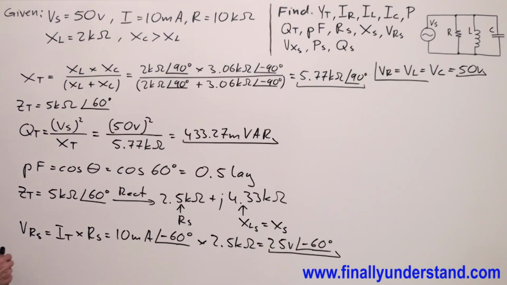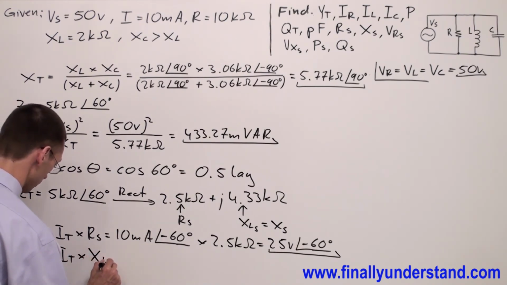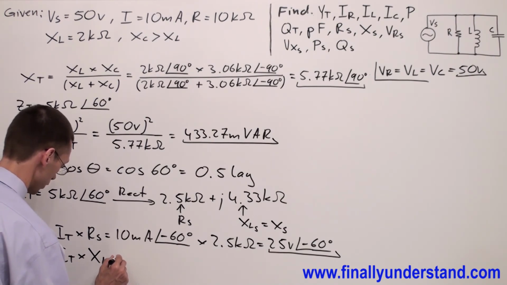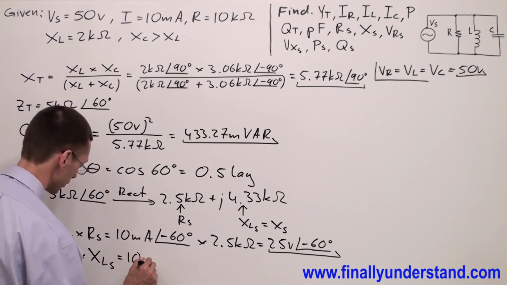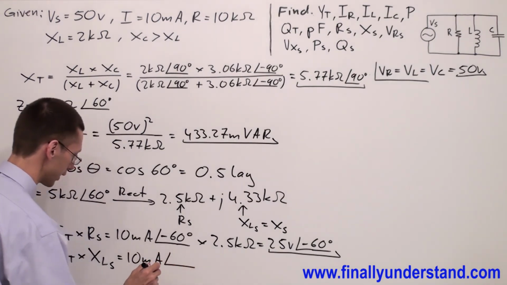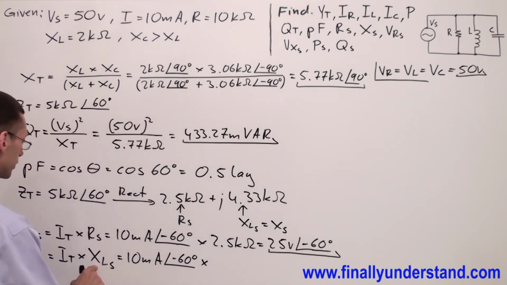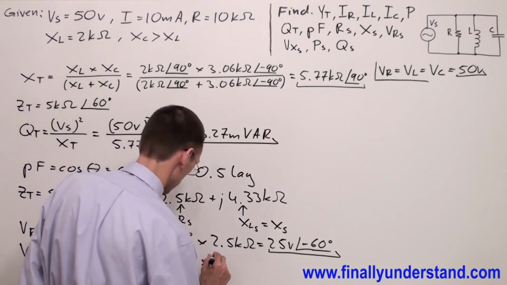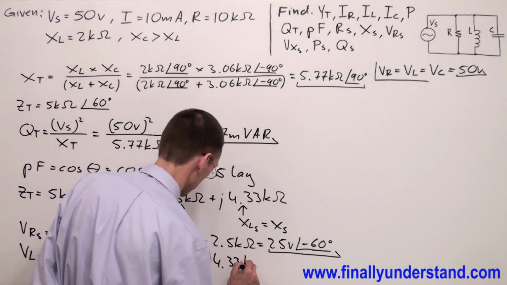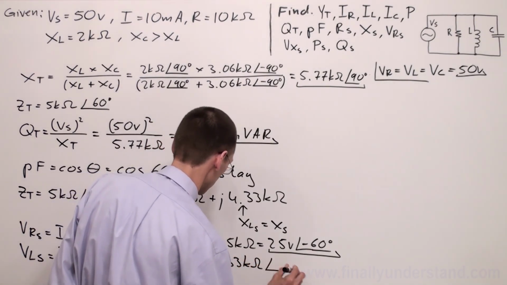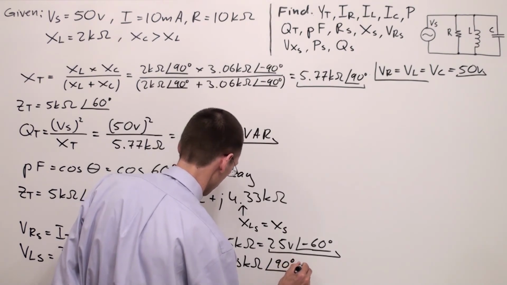Now we're supposed to find the voltage across the inductor. So we have V L S is equal to I total times X of L S. So this is equal to 10 milliamps and angle of negative 60 degrees times X L S, 4.33 kiloohms and angle of 90 degrees.